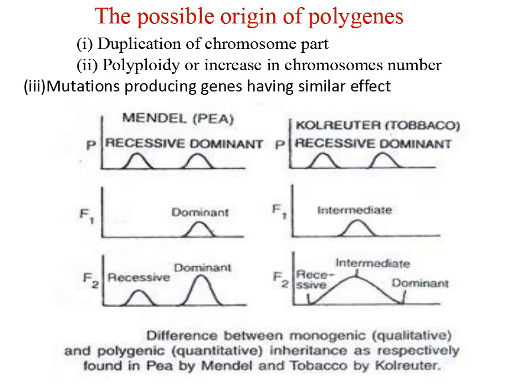Perhaps I will take it in the coming slide. In the case of quantitative inheritance, between the recessive and dominant traits, only a few individuals will follow the pattern of recessive and dominant traits, whereas most of the population will follow the intermediate pattern.